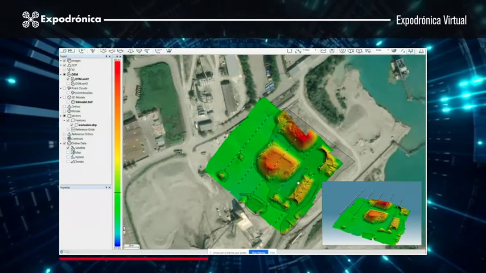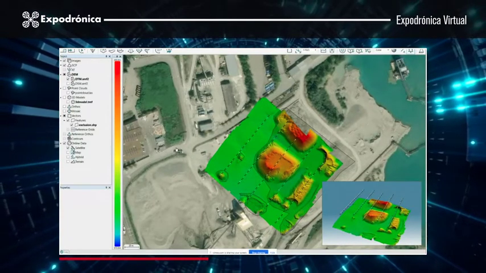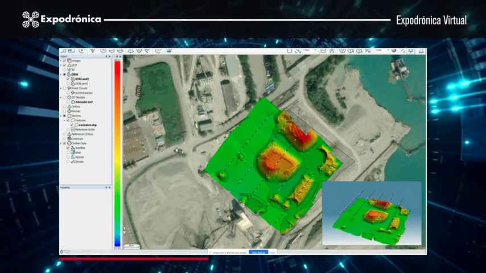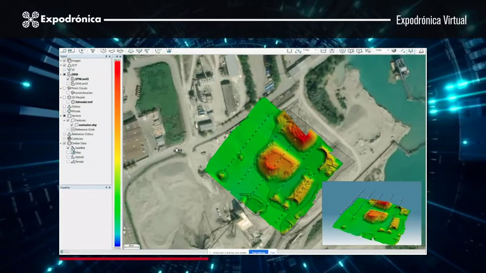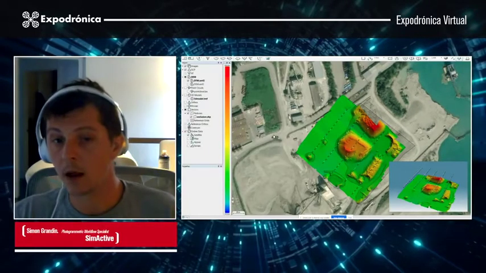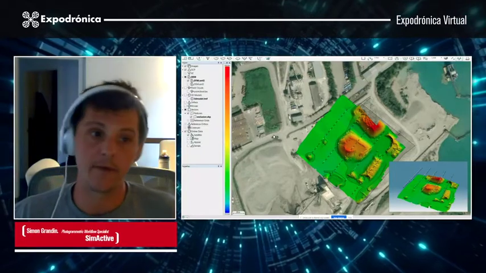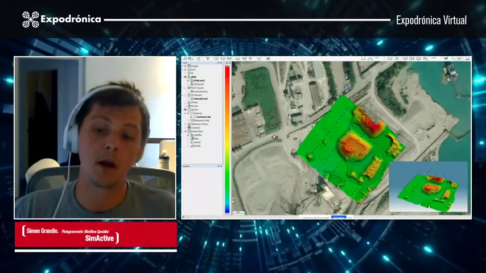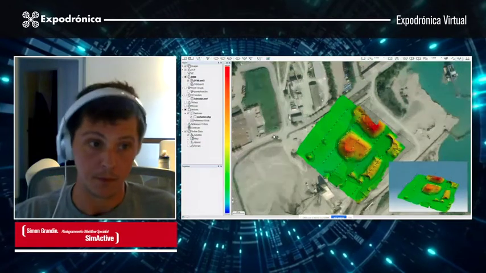Here we still have the stockpile in our terrain model, but we have an algorithm that removes as much as possible buildings, trees, cars, and all those other elements. So it's like doing a classic ortho from the terrain model.